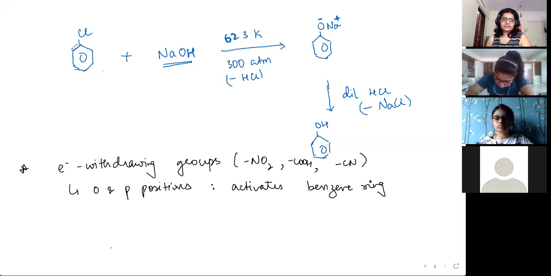So it activates the benzene ring. And in case they're present in meta position, then there is no effect as such.